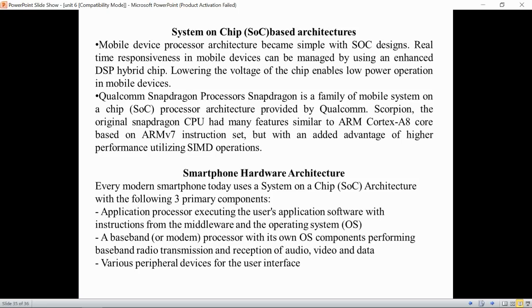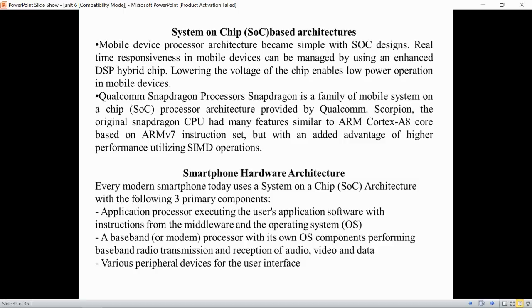Now there is another type of chip, that is SoC, system on a chip, which means most of the things which we require, any processing unit, all the data which you need, all the controls which you need, are on a single chip.